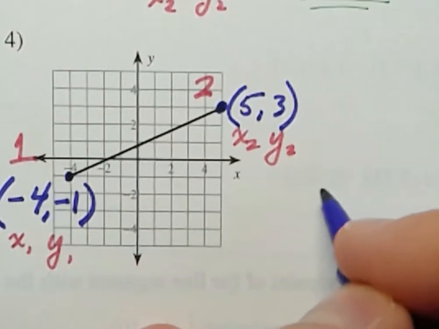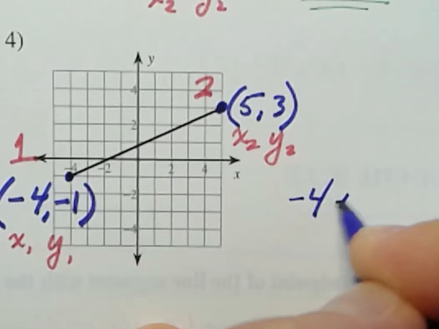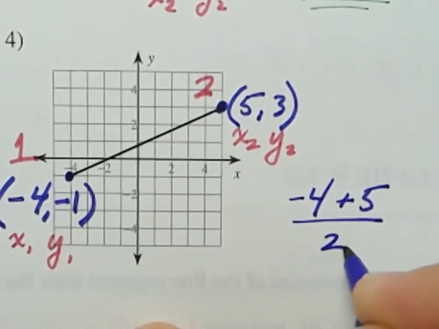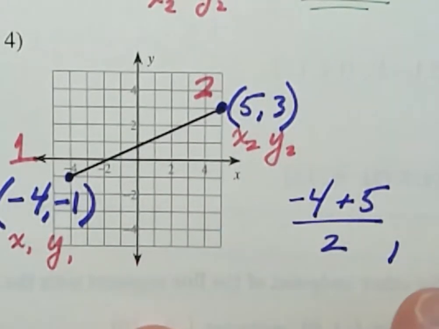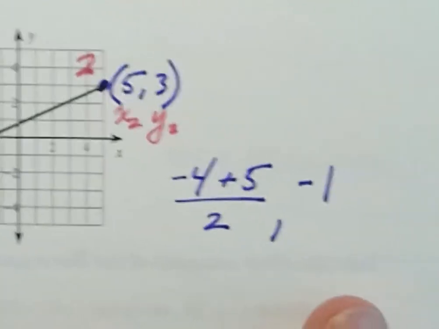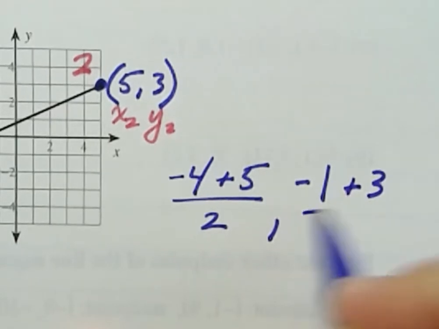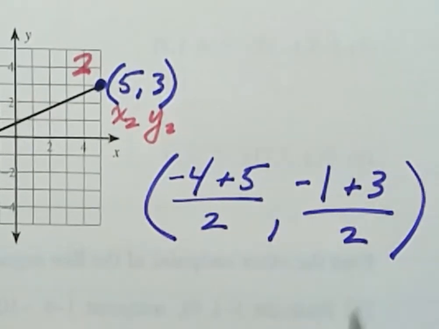So x1 plus x2 all over 2, comma, y1 plus y2 over 2. So that's our point.